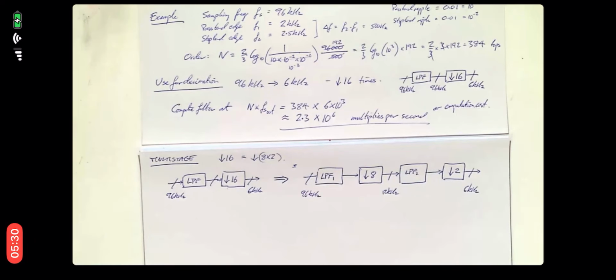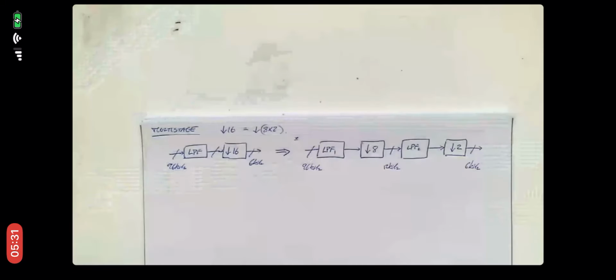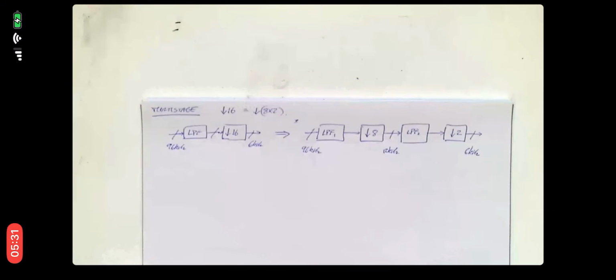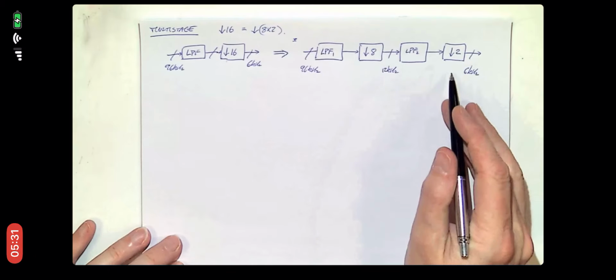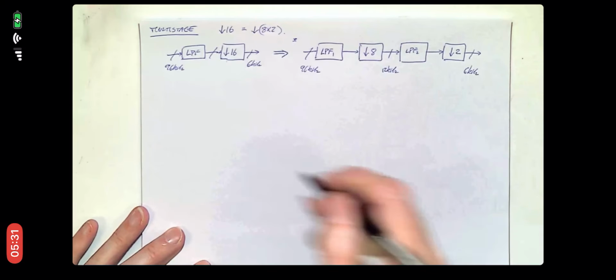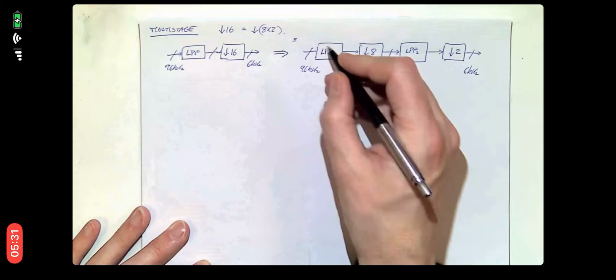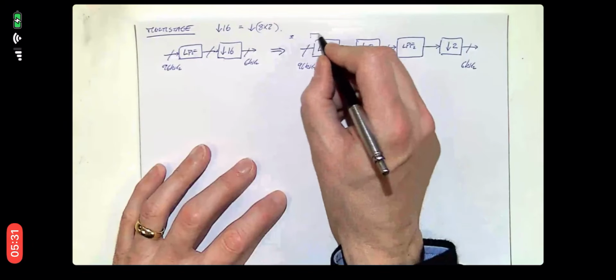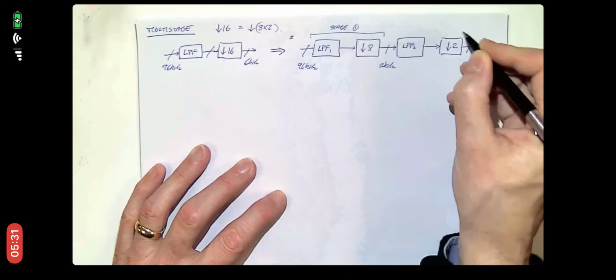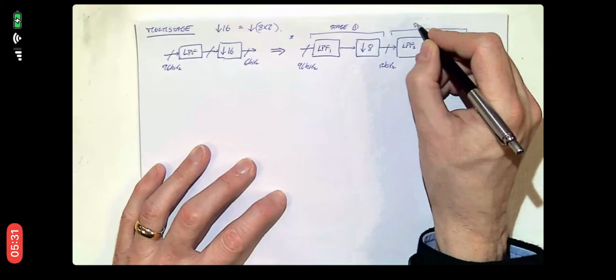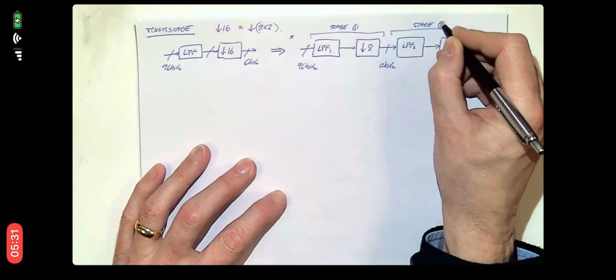Now let's have a look at the filters that we need to design for each of these two stages. And actually what I'm going to do is start from this far end. Start with stage 2. Call this one stage 1, and this one stage 2.